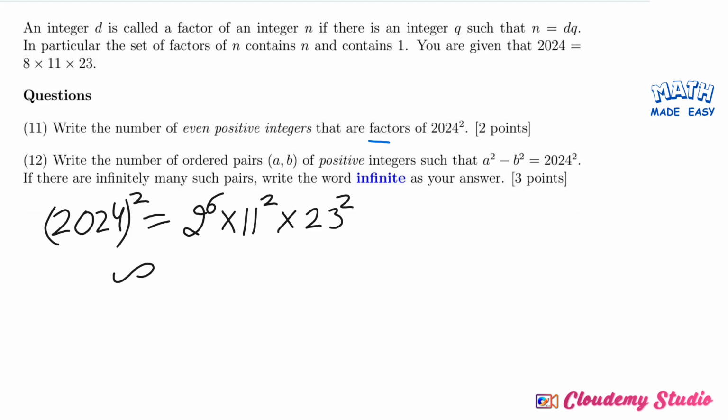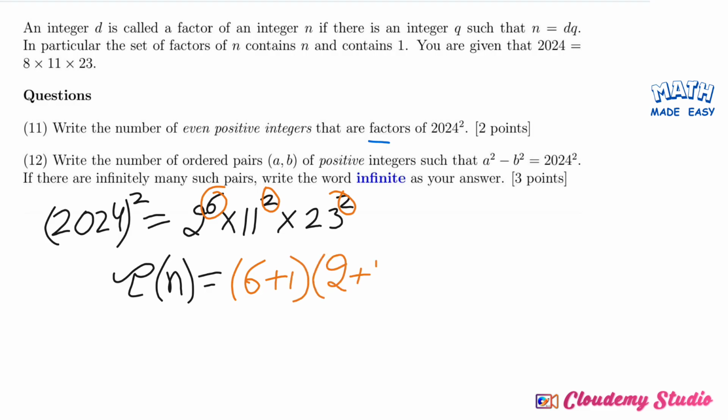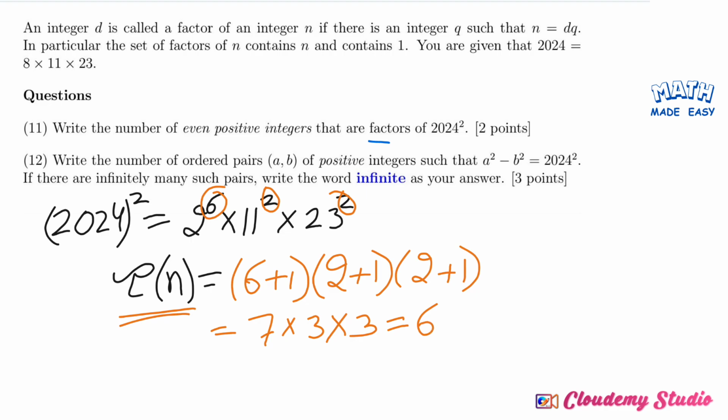It is tau n: we take the powers, so 6 plus 1 multiplied by 2 plus 1 and then 2 plus 1. So it is 7, 3 and 3. Whenever there is a question to find the total number of divisors, you will do tau n. So this is 63.